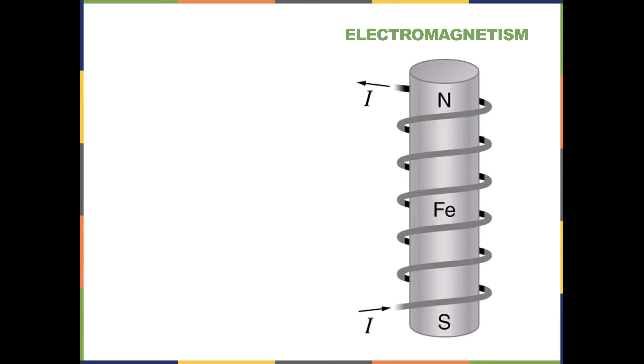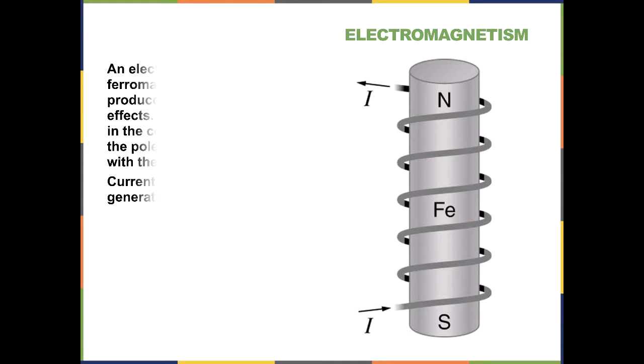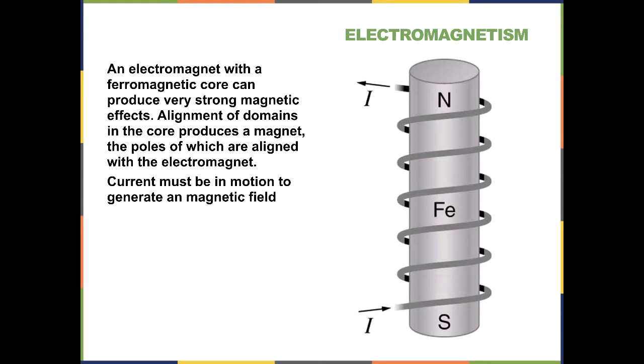You can also wrap a coil around ferromagnetic material and turn that ferromagnetic material into a bar magnet. An electromagnet with a ferromagnetic core can produce significant magnetic effects depending on the current that's passed through.